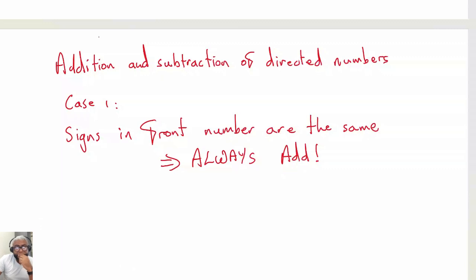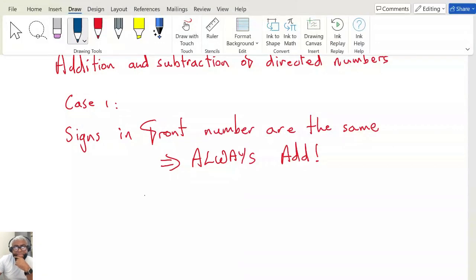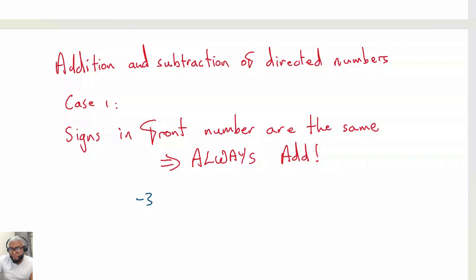I'm going to give you two examples of what I mean by the sign being the same. That will be cases like -3 minus 7. That's how you read this. The sign between the 3 and the 7 you read as minus, and the sign in front of the 3 is read as negative. So -3 minus 7. Are the signs in front of the two numbers the same, guys?